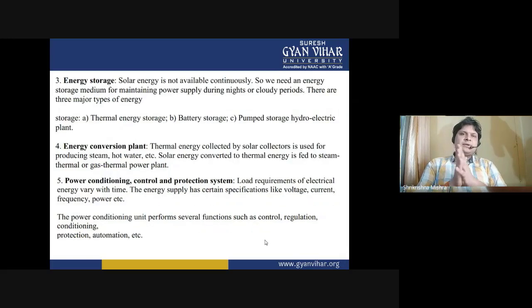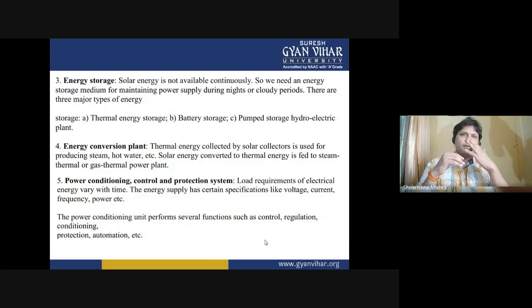The third is an energy storage device. Whatever energy you are generating, you will have to store also. So you need an energy storage medium for maintaining power supply during off time. At night, we all know that we don't have sun, so you can't use solar energy for your work.